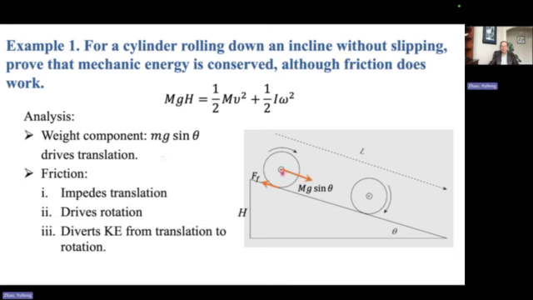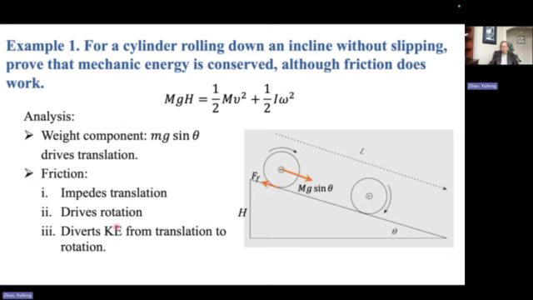This force does not cause a torque to make the cylinder rotate, but the friction acts at the bottom rim of the cylinder, and it has a torque. That's why friction is driving the rotational motion. So friction impedes the translation because it's backward, but it drives the rotation.